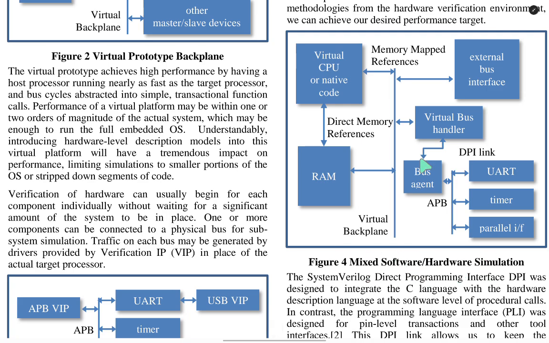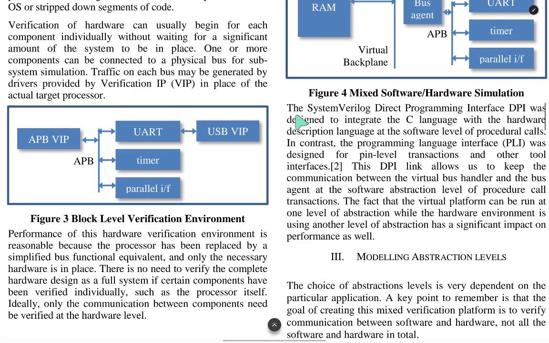software and hardware simulation. The SystemVerilog Direct Programming Interface, DPI, was designed to integrate the C language with a hardware description language at the software level of procedural calls. In contrast, the Programming Language Interface, PLI, was designed for pin-level transactions and other tool interfaces.